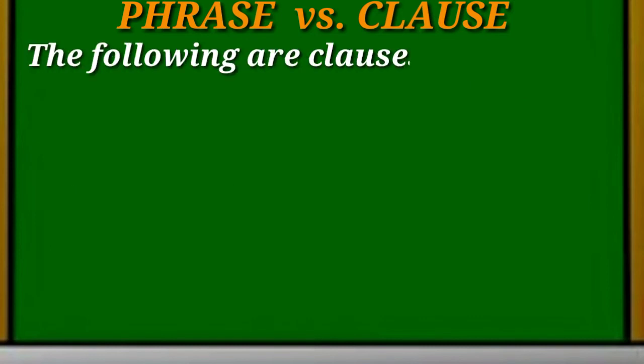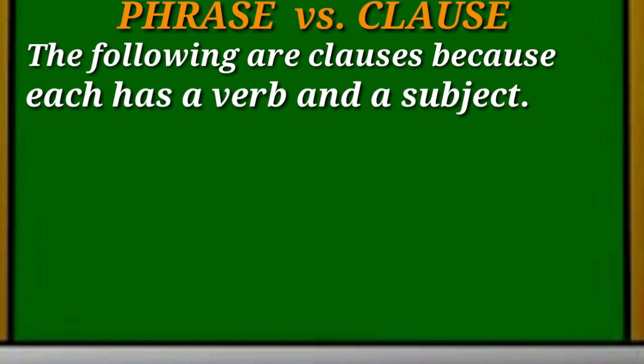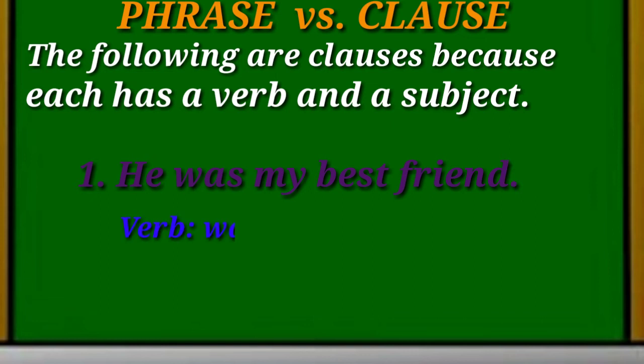The following are clauses because each has a verb and a subject. 1. He was my best friend. The verb was, the subject he.